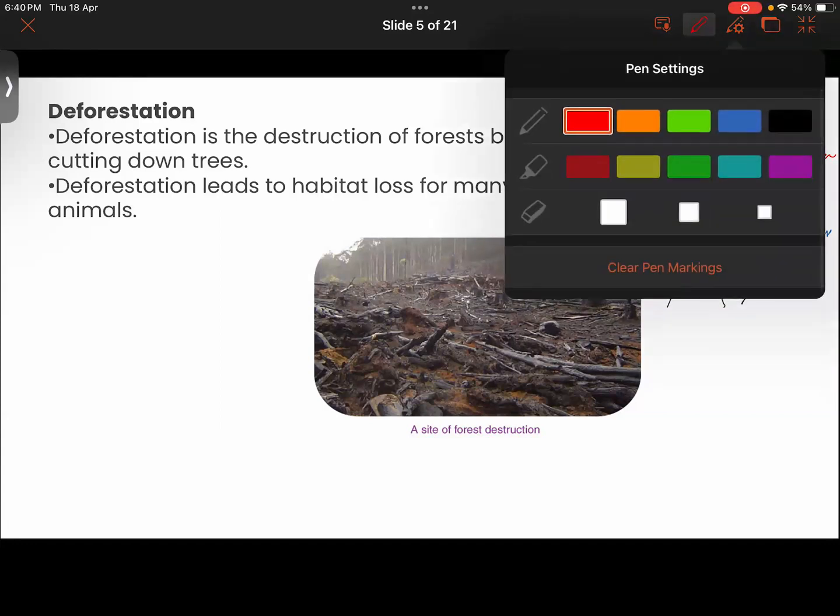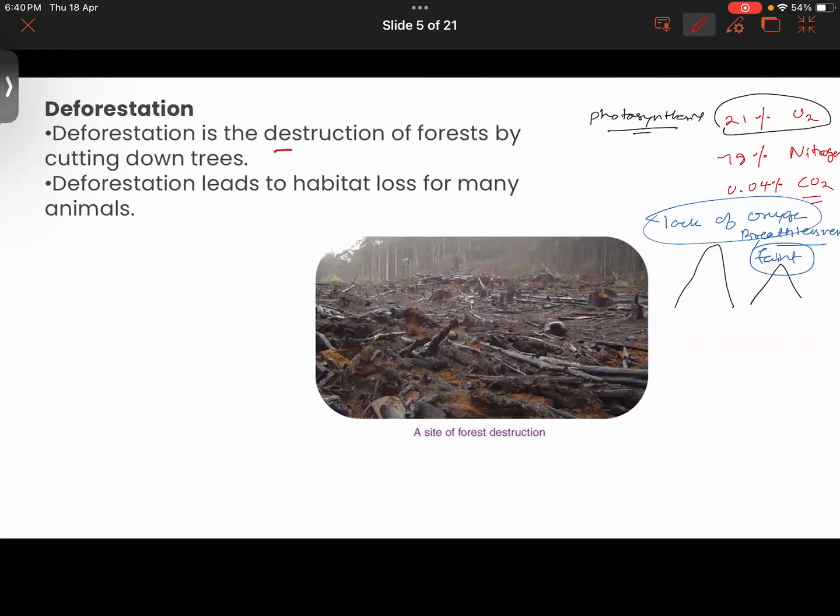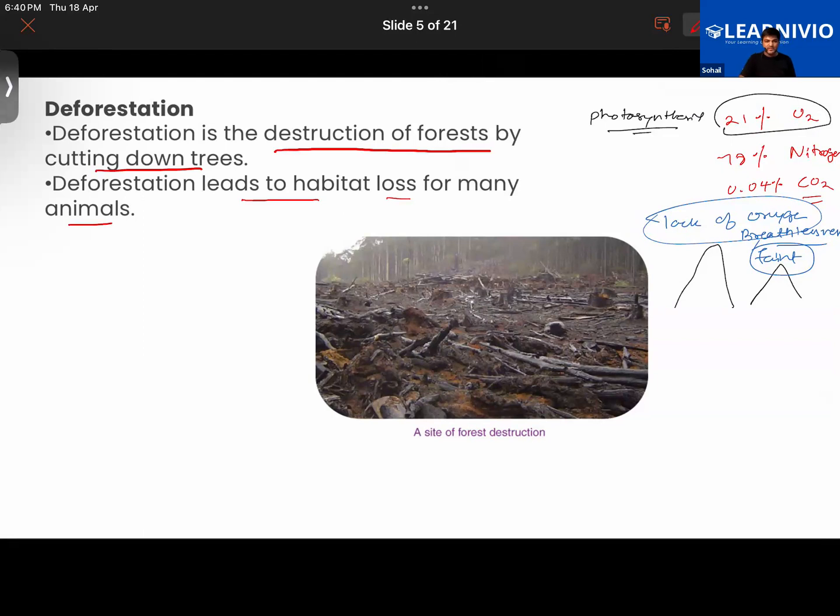So talking about deforestation, it's the destruction of forests by cutting down trees, and it leads to habitat loss for many animals. Now the question comes: why is deforestation being done? Why is it being practiced? One of the reasons is to obtain wood to use as fuel.